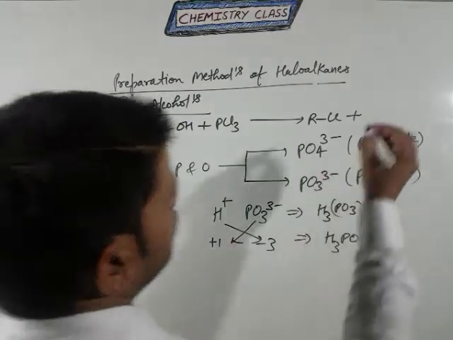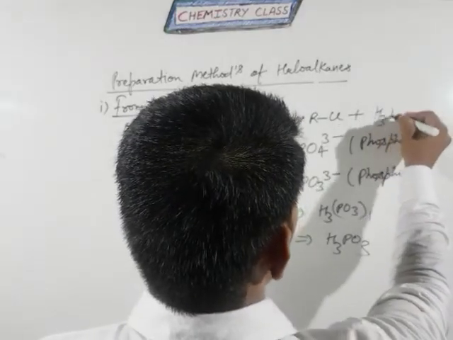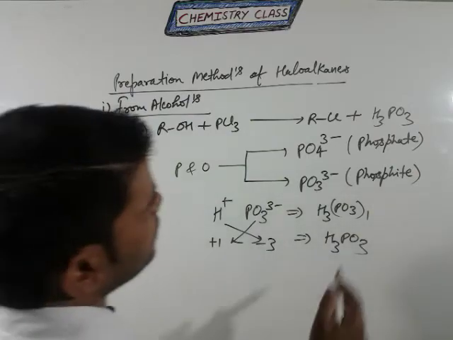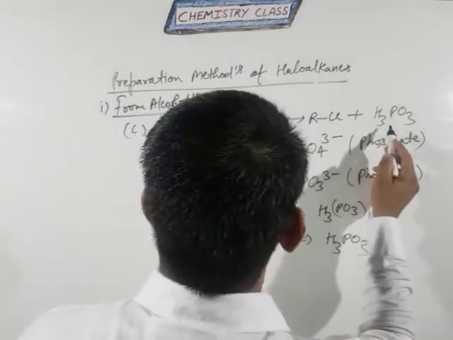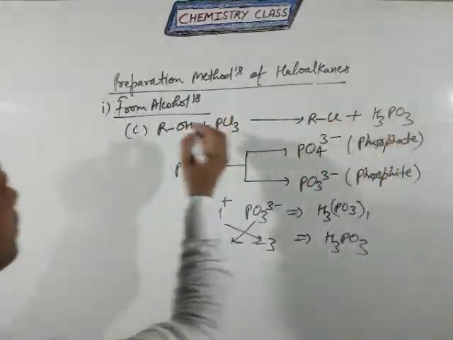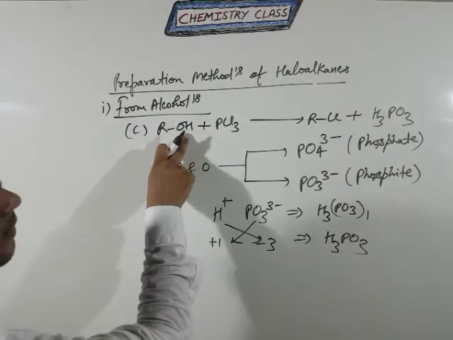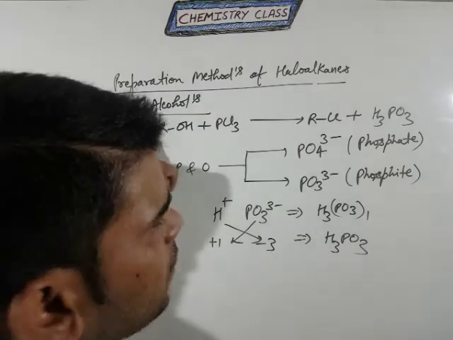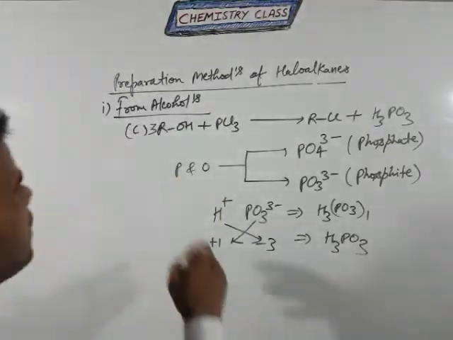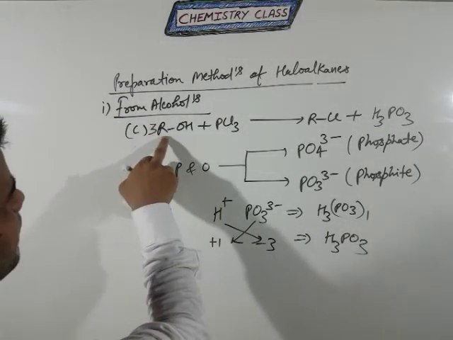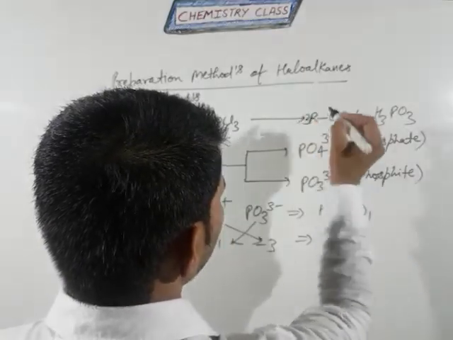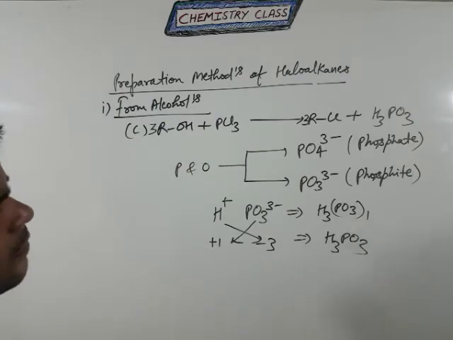Clear? If you write the byproduct H3PO3, how much hydrogen is required for the balance? 3, but in this case only 1, so first you multiply by 3. After that, how much alkyl group? 3, but in this case only 1, so you multiply by 3 here.